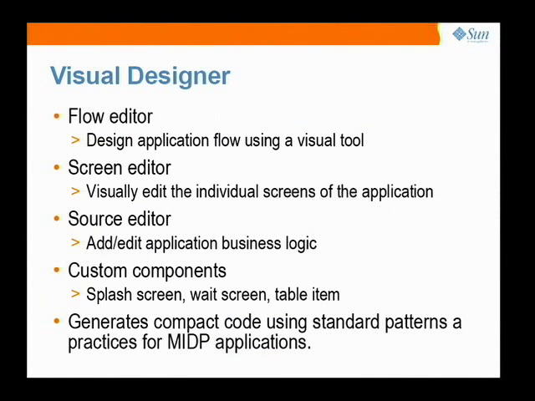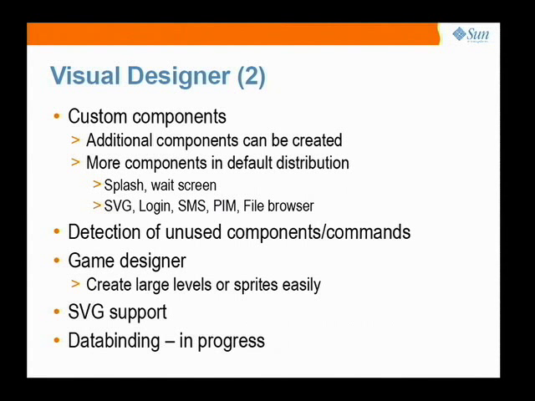The next slide is just a summary of what I have just said. In 6.0, there are several improvements. The first one is the possibility to add custom components. There is an API, so anyone can design components and distribute them together with Mobility Pack or independently. And we've added more components into the standard distribution.